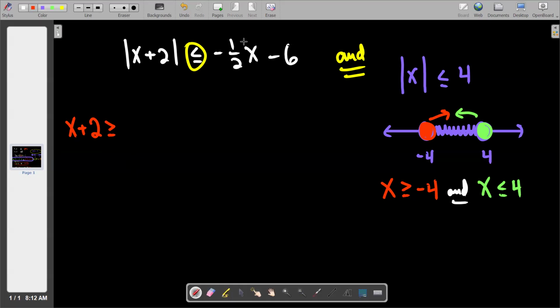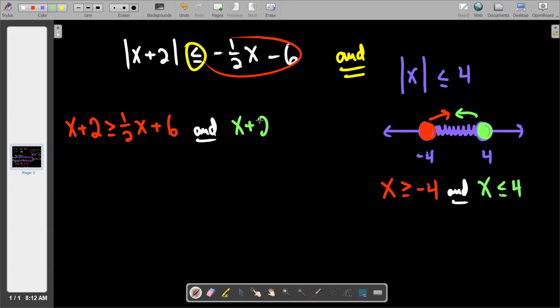What is the opposite of my boundary? 1/2 of x plus 6. Well played. And then I'm going to write the word and. And then again, color coding, I'll switch to green. What does the green one look like over here?